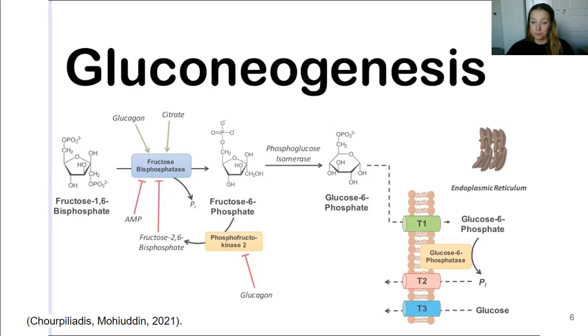So in review, glucagon regulates gluconeogenesis in 3 ways: through changes in allosteric regulators, through covalent modification of enzyme activity, and through the induction of enzyme gene expression.